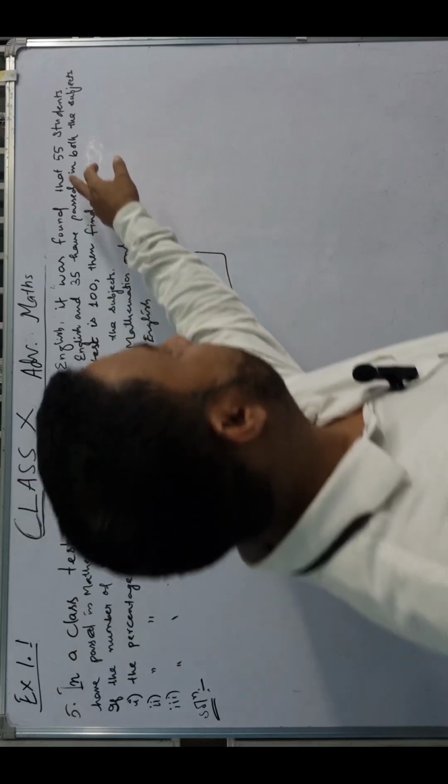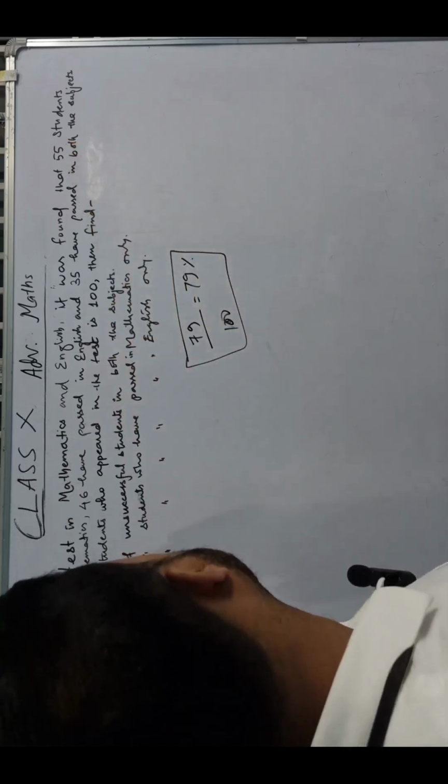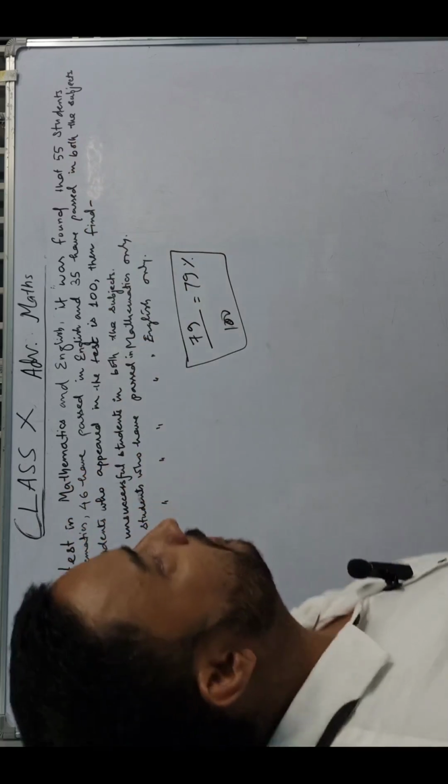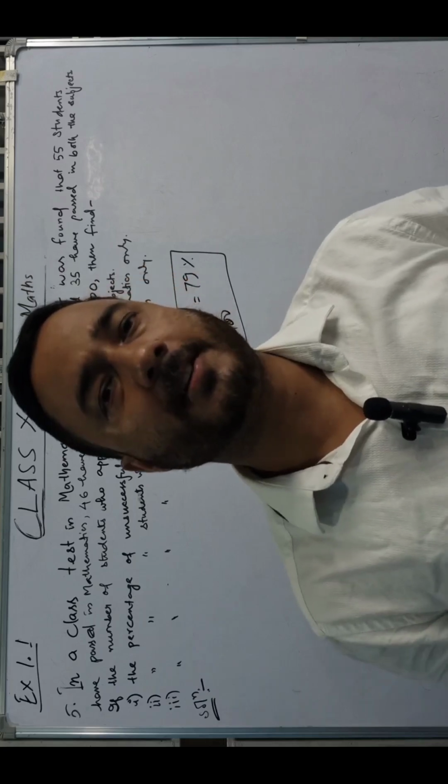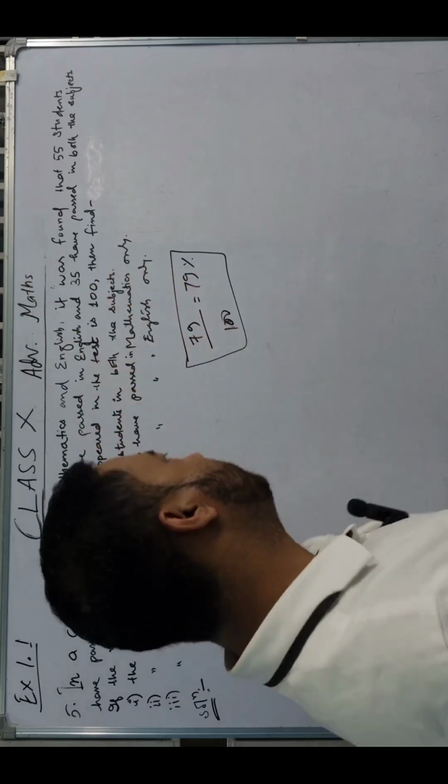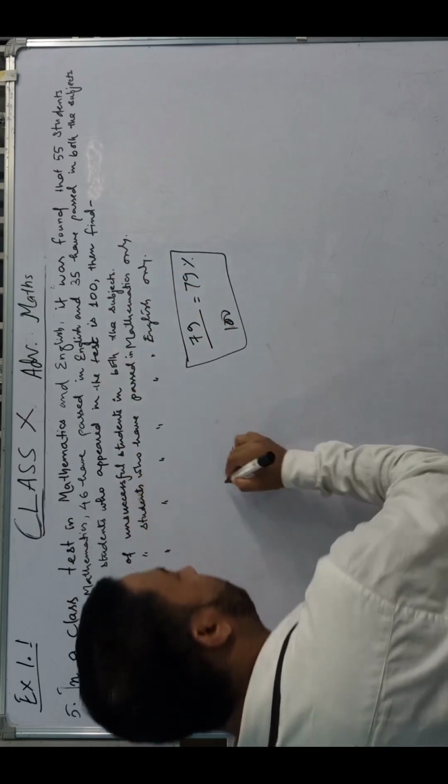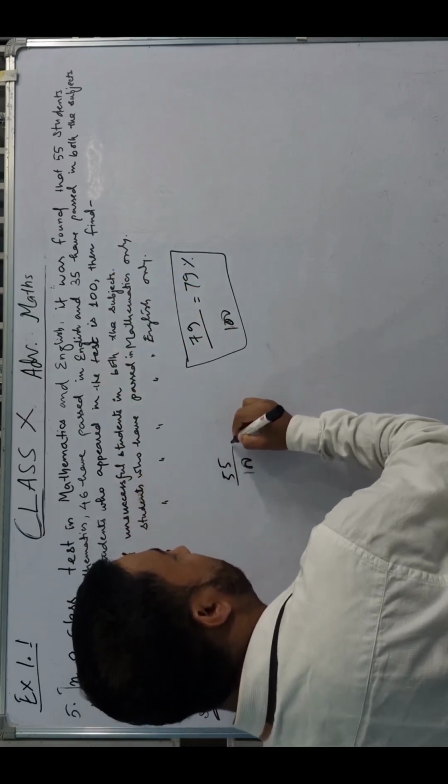it was found that 55 students have passed in mathematics. Now what is the percentage of students passed in mathematics? 55%. Is it clear to you? Out of 100 students, 55 students passed in mathematics.